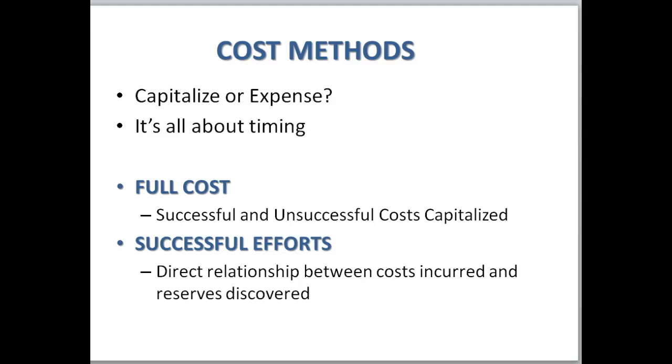So we're going to go through the different types of costs, but you can see that full cost is going to end up with larger capitalization of assets. Successful efforts could have larger losses early in the property's life because if there are not any reserves discovered, depending on the type of well, it would be expensed.